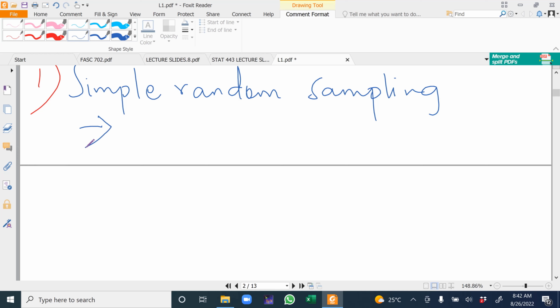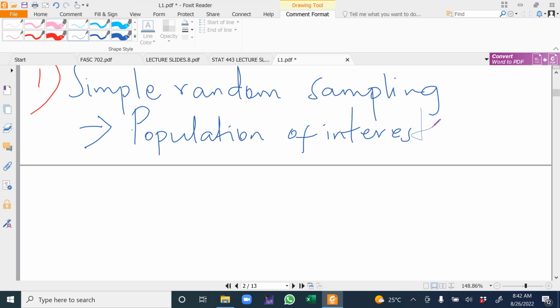So our population of interest is heterogeneous.